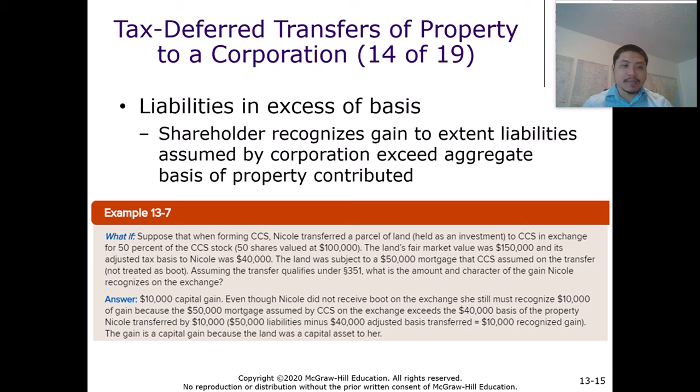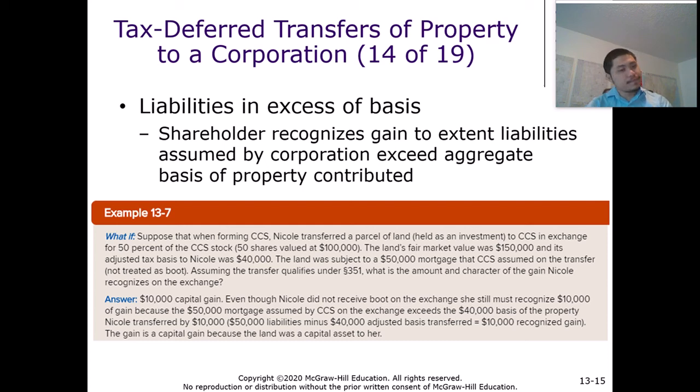So let's look at this example, right? Suppose that when forming CCS, Nico transfers a parcel of land held as an investment to CCS in exchange for 50% of the stock. The land's fair market value was $150,000, and the stock value is still $100,000. Its adjusted basis to Nicole was $40,000. And the land was subject to a $50,000 mortgage that CCS assumed on the transfer, and this is not treated as boot, right?